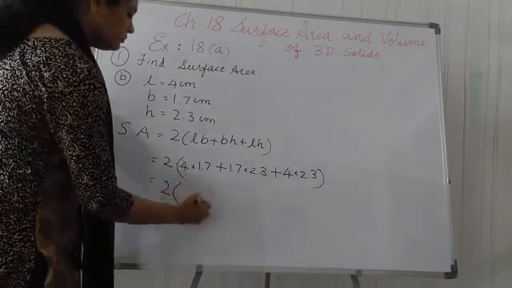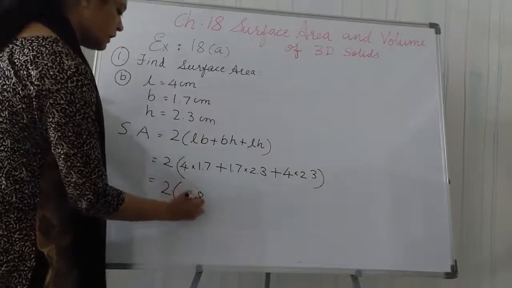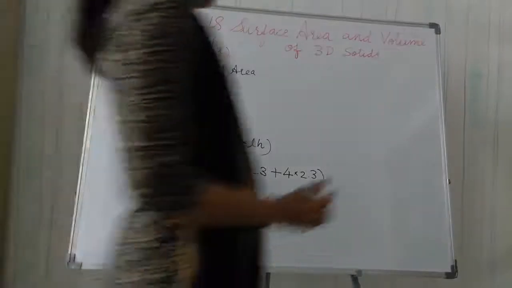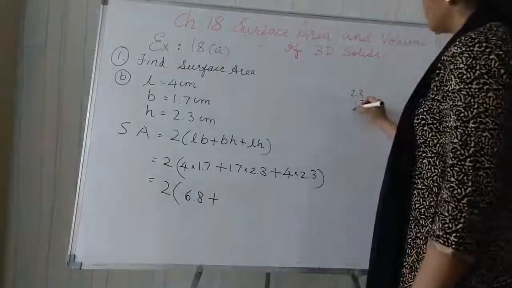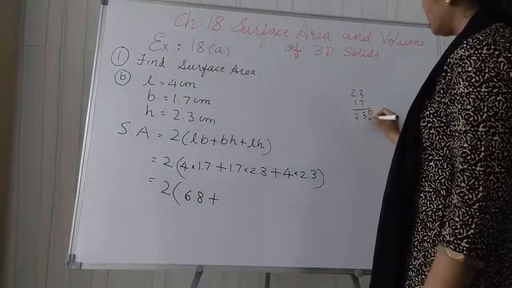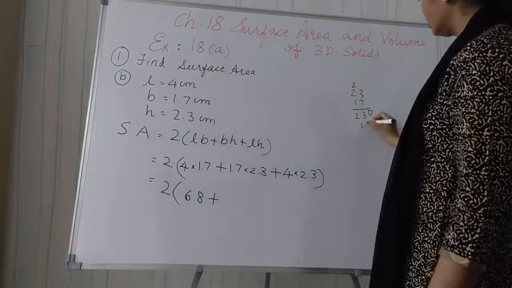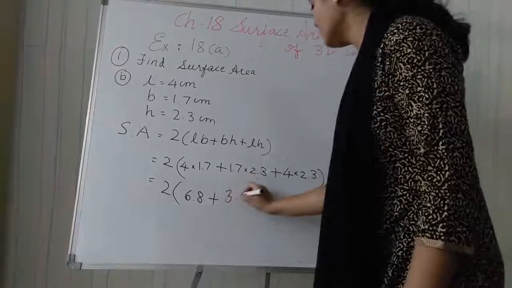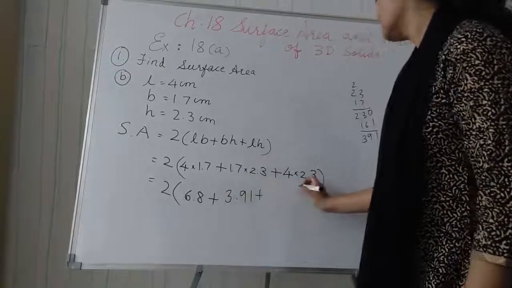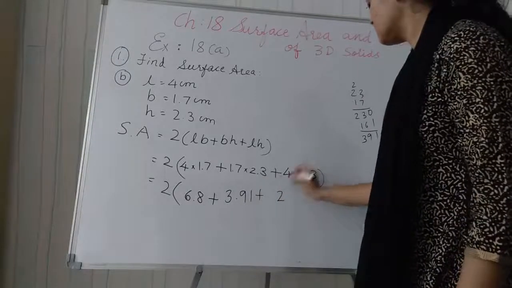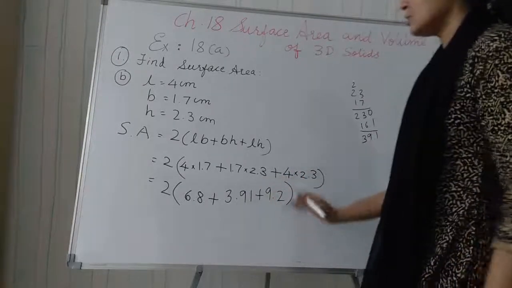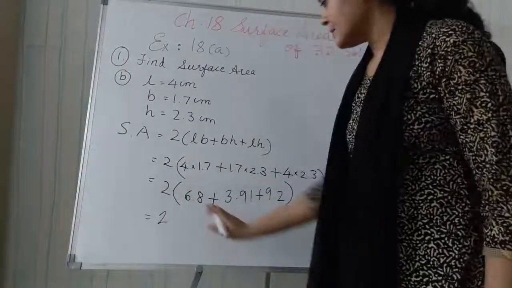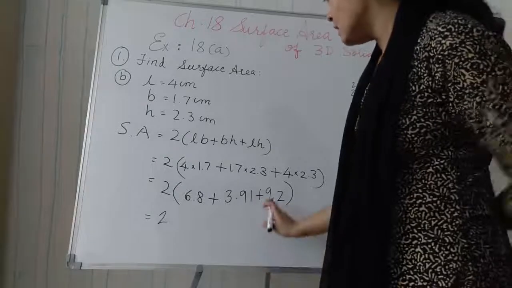6.8 plus, we solve this here, this is 23 and 17, then we move to the places. So here I get 3.91 plus 9.2. So now I have multiplied all the dimensions here. Now 2 as it is, I will add the bracket values first.